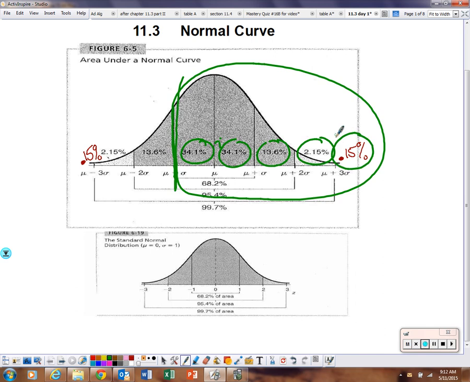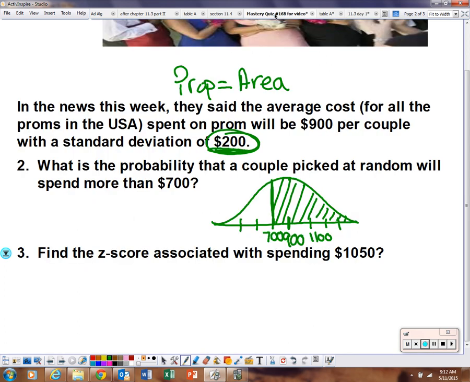So 34.1 plus 34.1 plus 13.6 plus 2.15 plus, don't forget this little tail, 0.15, we get 84.1. That's our answer. So the probability that a couple picked at random will spend more than $700 is 84.1%. That's the easiest way to do that one.